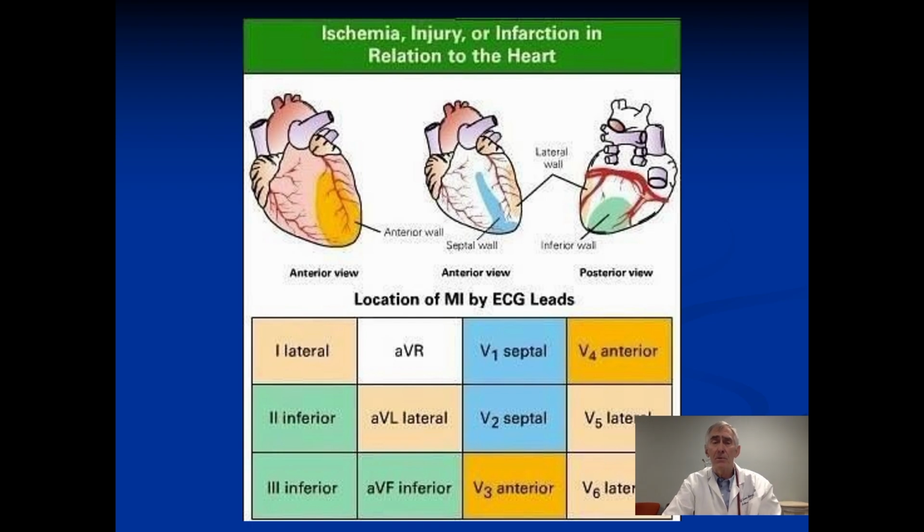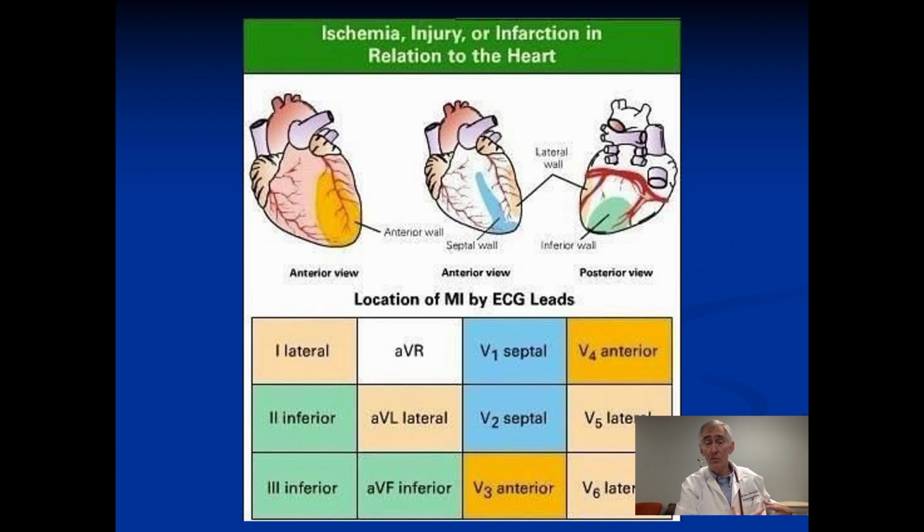Now, we look sometimes for ST depression with posterior MIs in V1 and V2, or if we put them around and we do V7, 8, and 9, posterior leads on the back of the heart, we can also look for posterior wall infarction.